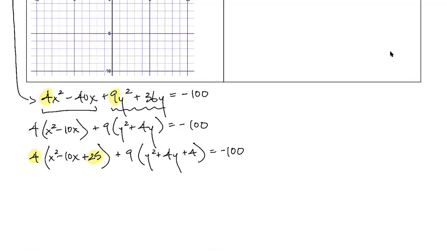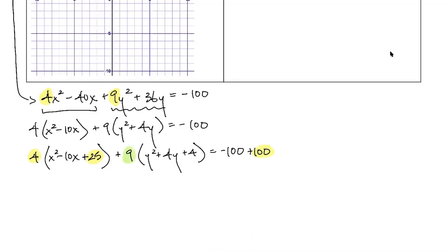Thanks. All right, so this 4 and the 25 give me 100 that I added to the left-hand side. But since I added 100 to the left-hand side, I have to add 100 to the right-hand side. So that 100 came from the 4 and the 25. What else am I going to add to the other side? 36.